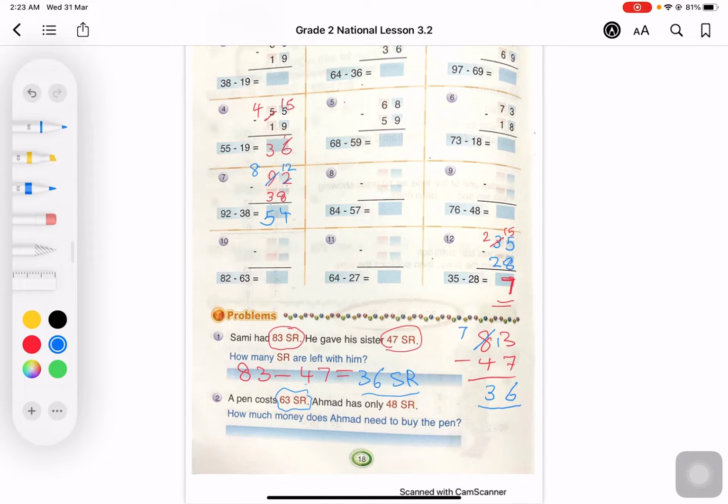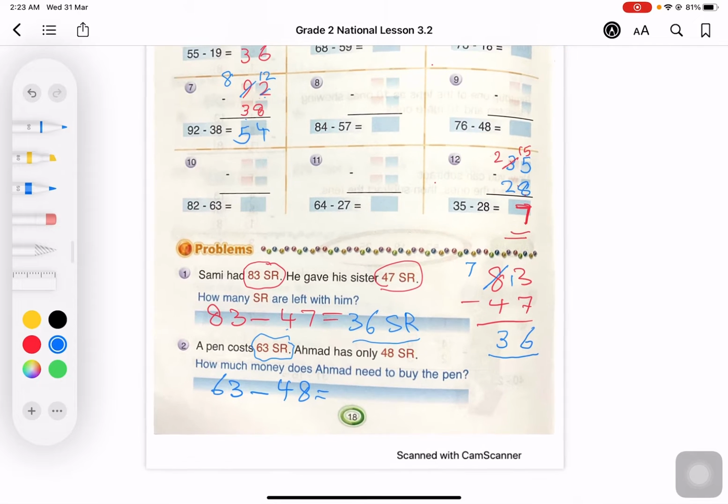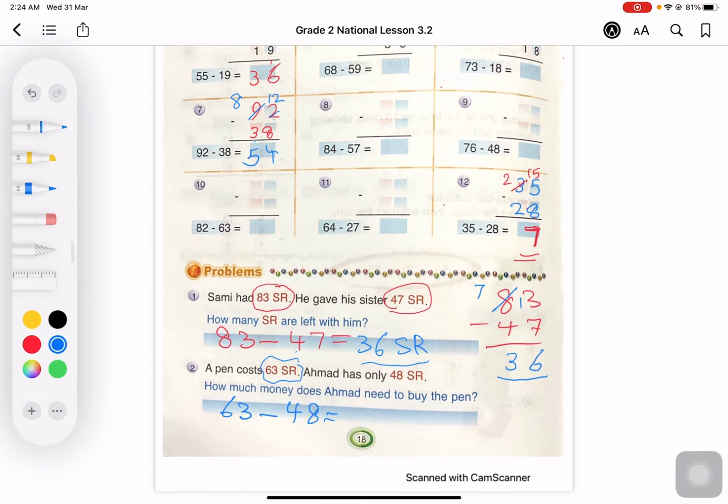You are going to start with 63 and say I have 48, I need to be 63. So to know how much I need more to buy the pen, I will subtract. I will start with 63 and minus 48 to know how much money I still need to get the pen.